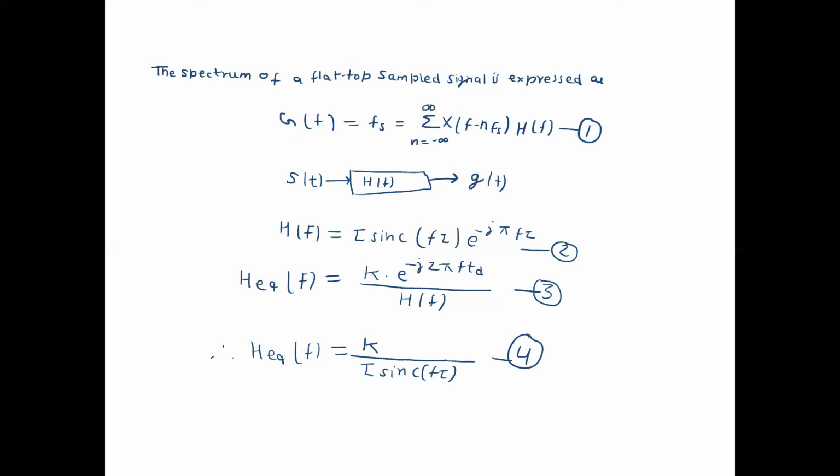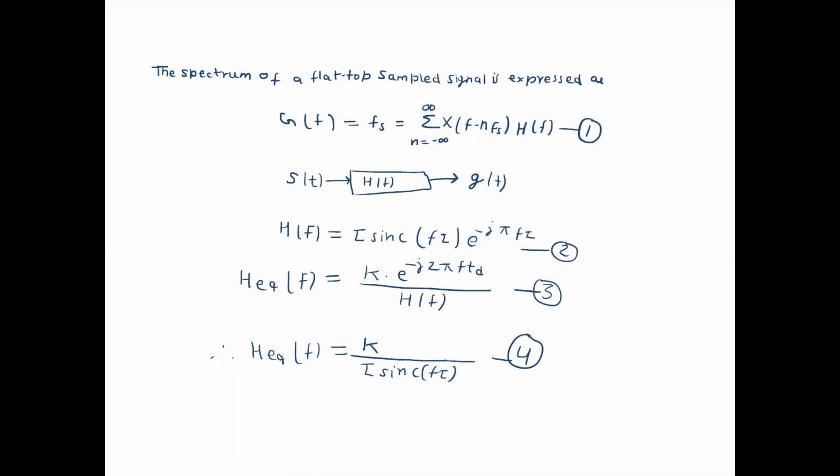We need to have a particular equalizer, since we are assuming that the message signal x(t) is passed through a low pass filter with transfer function H(f). The transfer function of this filter is given as equation 2.